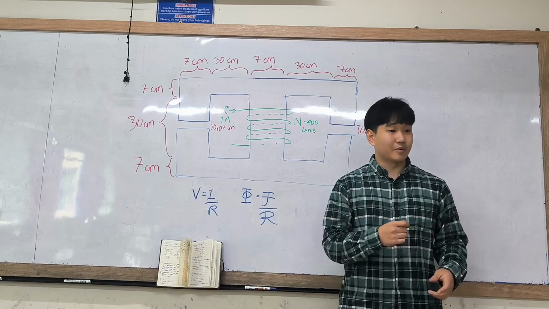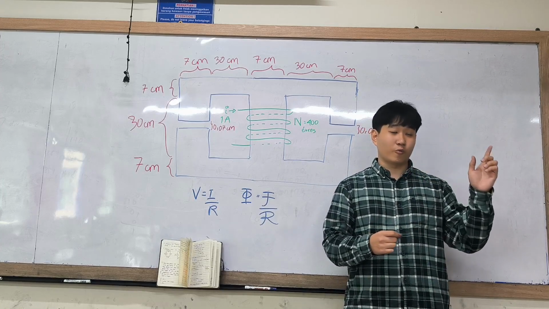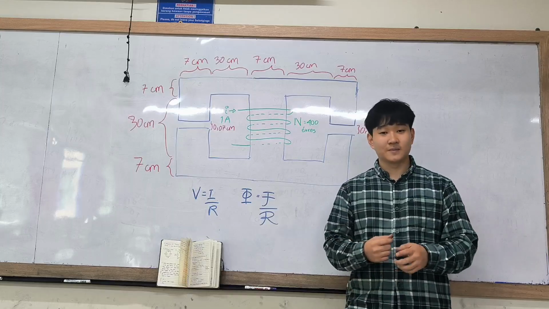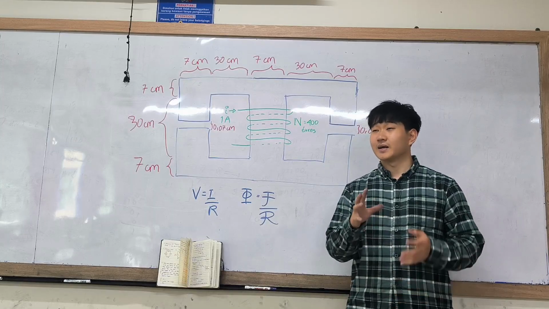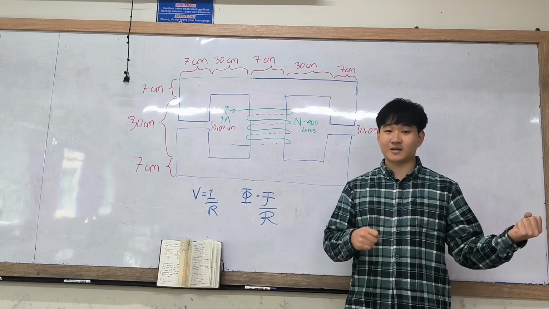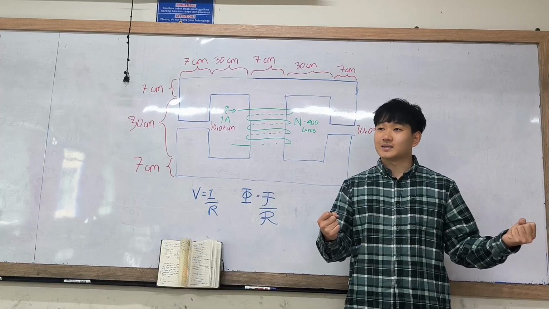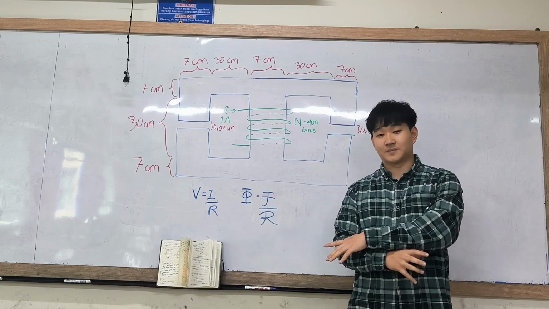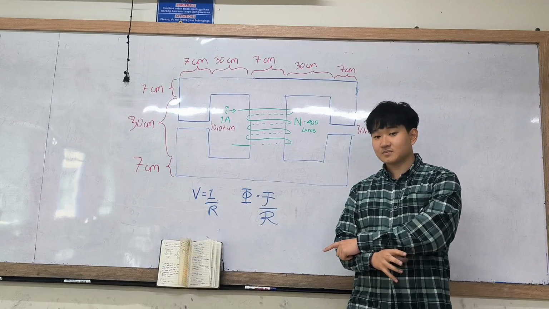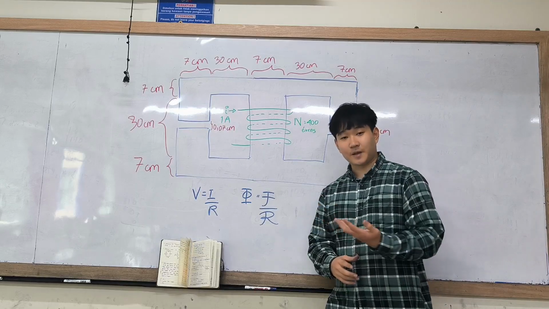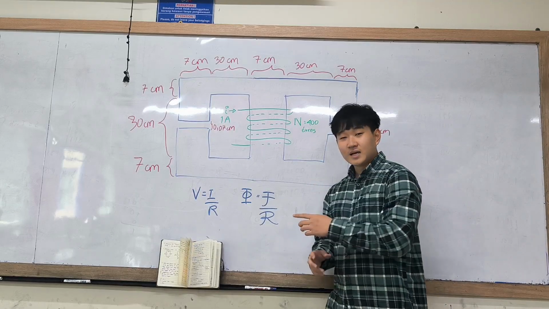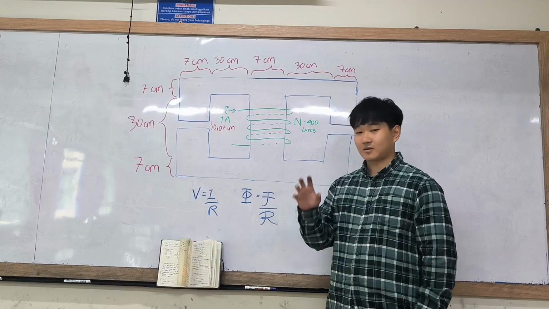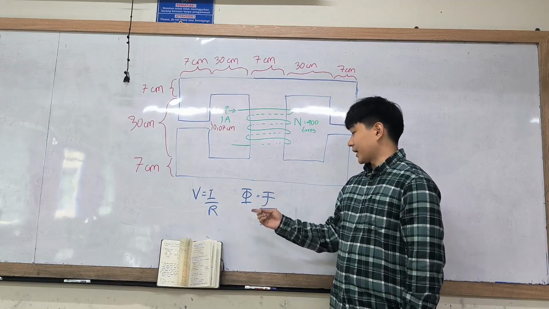So the current is the amount of electrons thrown from the part with more electrons to the part with fewer electrons. And resistance is like an object in between the positive and the negative terminal that is blocking some of the electrons from entering the negative terminal. The same principle applies with a magnetic circuit, except it's a bit reversed. The electrons that are being thrown are actually the magnetic flux.